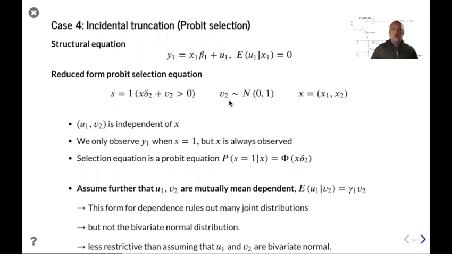And since v2 here is normally distributed, it's going to be a probit selection equation, so that the probability of selection is equal to the standard normal CDF evaluated at x delta 2. Now it's the standard normal because we normalize the variance of this v2 to 1, as we would do in any binary response model, since we could not identify the variance of this random variable anyway. Okay, that is really without loss of generality.